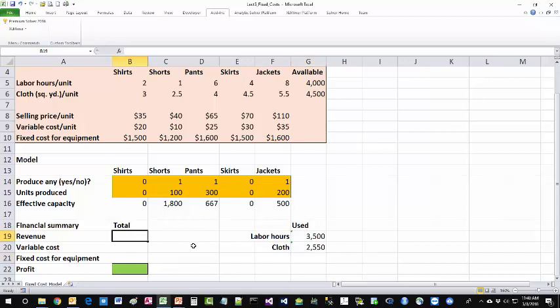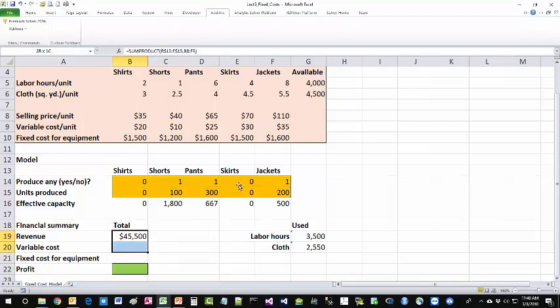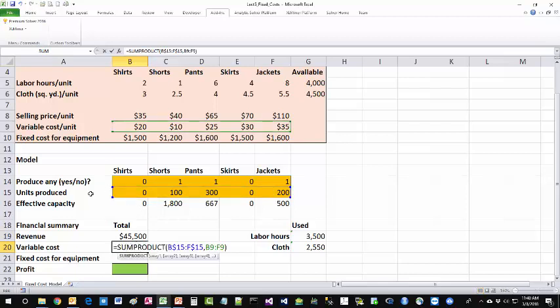On the financial side, the revenue is the sum product of units produced, and sold of course, with the selling price. I guess we could fix that row and then copy it down one, or just repeat to get the variable cost, which is the sum product of units produced times the variable cost per unit.